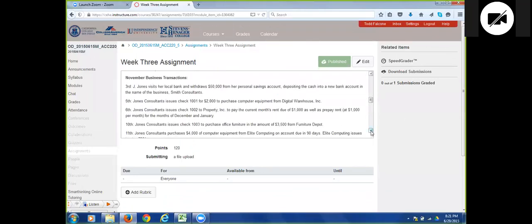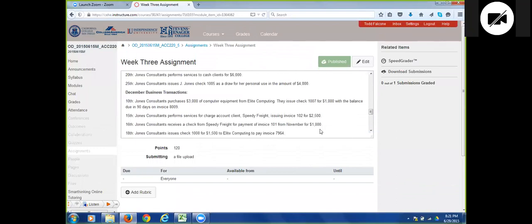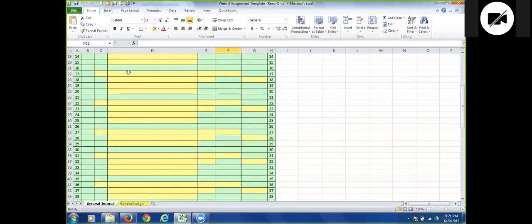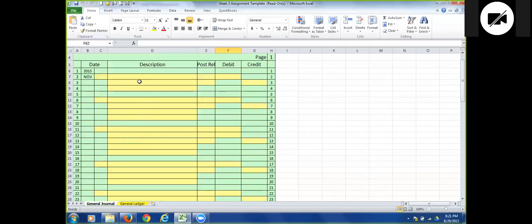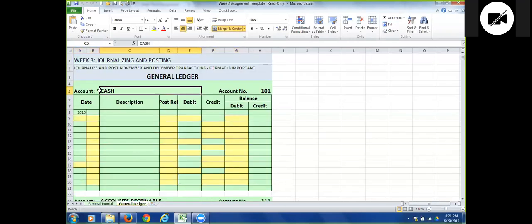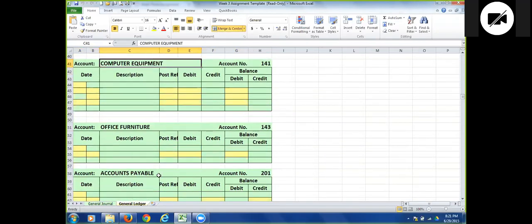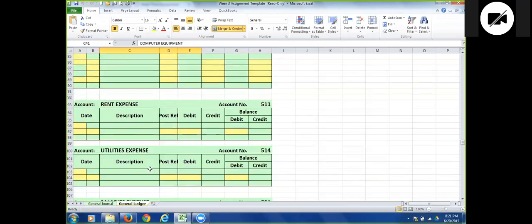You have to complete each transaction and put them in general journal form in the general journal. And then after that, you have to post them to each individual ledger account. You can see there's one for cash, one for AR, prepaid rent, computer equipment, office furniture, everything.